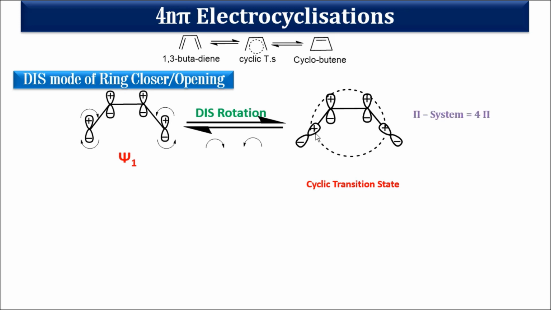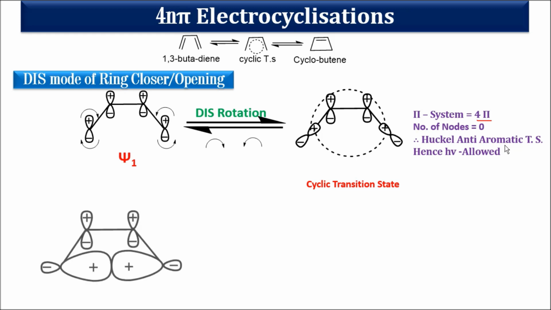That means the system is a 4n system, and the number of nodes is equal to 0. When the number of nodes is 0 or even, the system is called a Huckel system. In a Huckel system, if it has 4n electrons, that is called Huckel anti-aromatic. When the word anti-aromatic is there, that is photochemically allowed. So friends, it is a very easy theory to explain, so you should not get confused. If you get confused, then the complete question will go wrong.